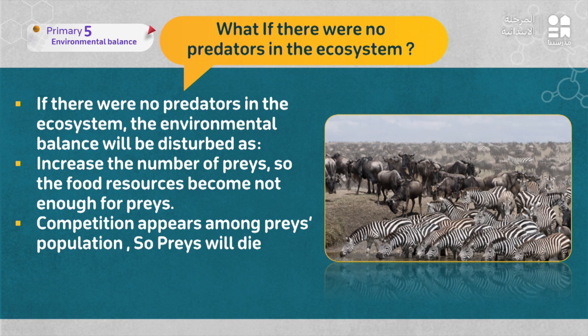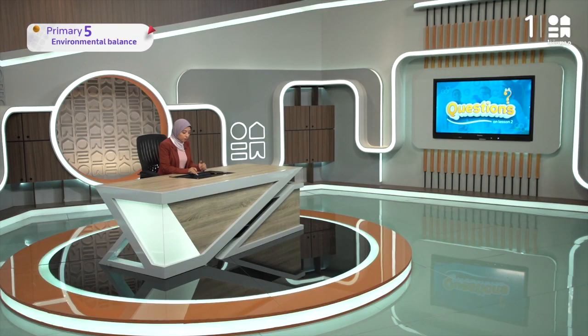There will be a competition between the preys. هيبقى في competition ما بينهم to get the food then they will die. يبقى هنا competition appears among prey, so prey will die. هيموتوا. And then ليه هيموتوا؟ because they haven't shelter and become weak. طيب احنا كده اتكلمنا عن predation وعرفنا ايه اللي هيحصل لو ما فيش predators.